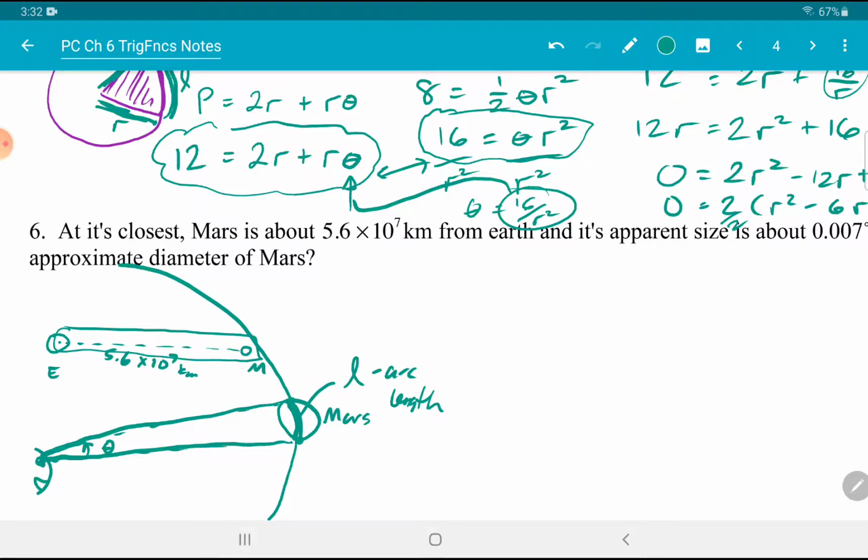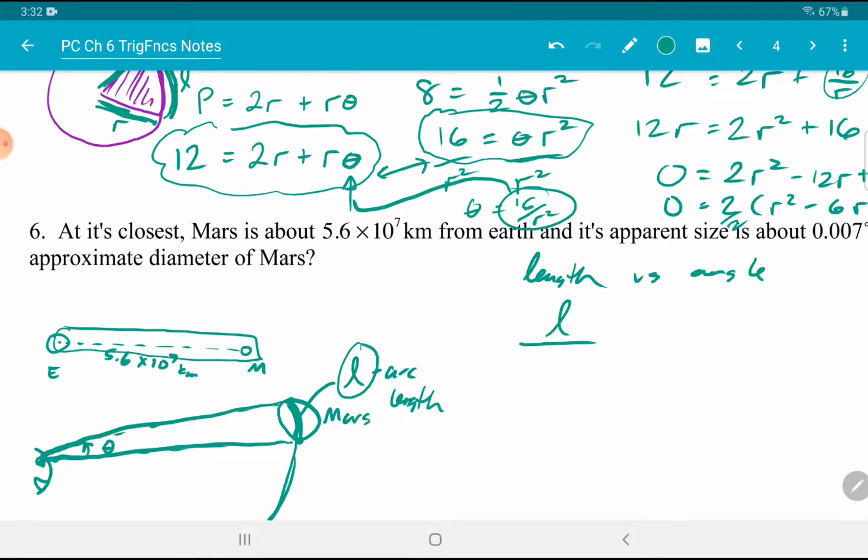Okay, so if we think about this as arc length, remember how we can set up a proportion. We can compare the length versus the angle. And the arc length is what we're trying to find. That's the part over the entire circle's full length, right? And the full length is circumference, which is 2 pi r. What is that?